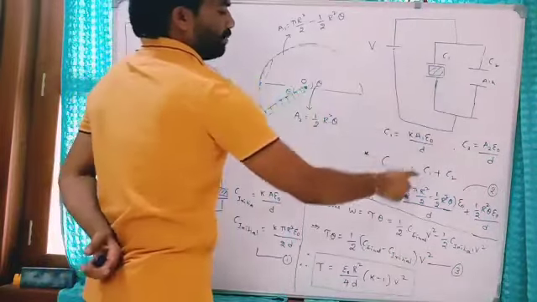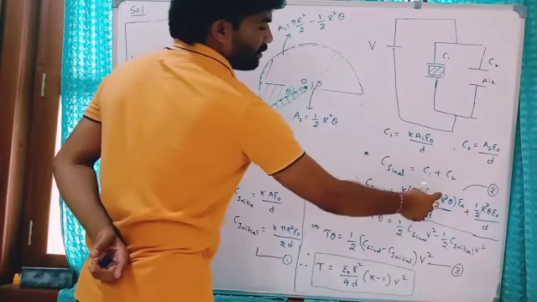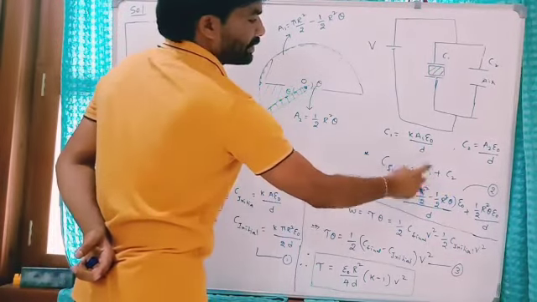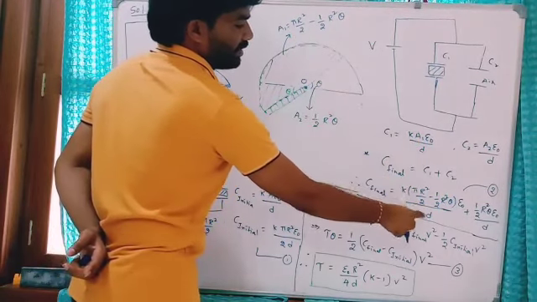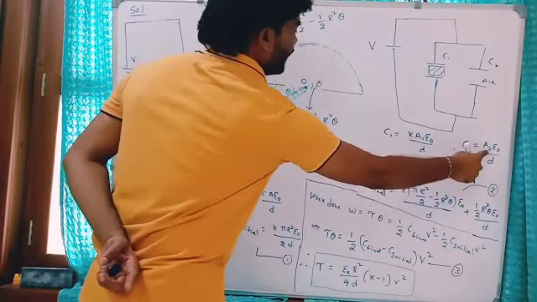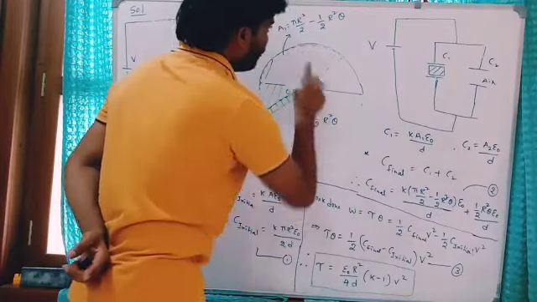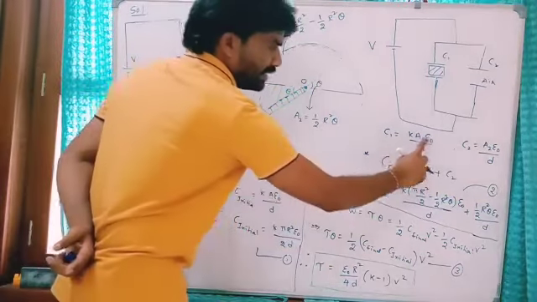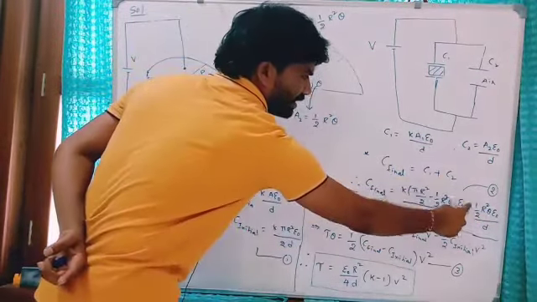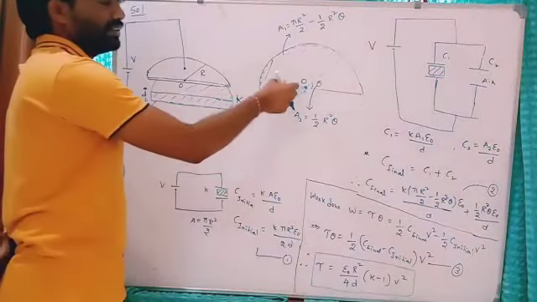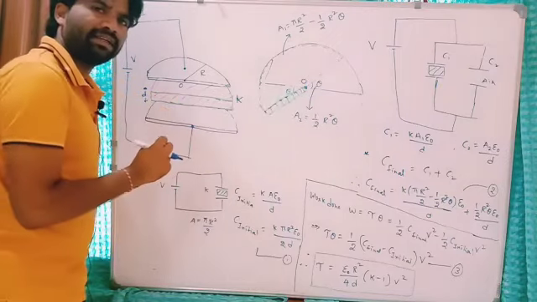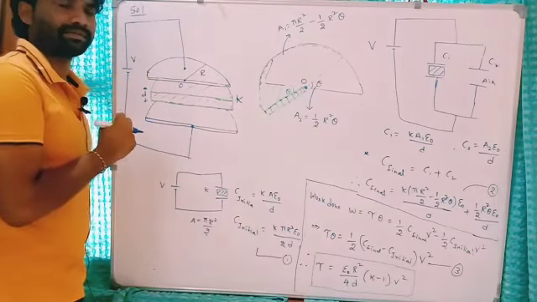Both are in parallel, so I have written the parallel combination condition. Substituting the areas A1 and A2 you will get relation number 2. That is the final capacitance after rotation of this dielectric material through an angle theta.